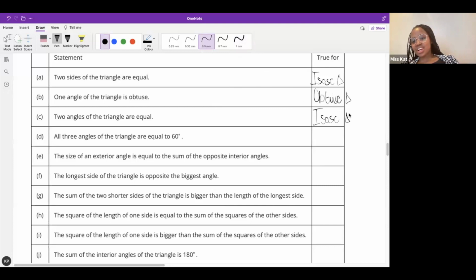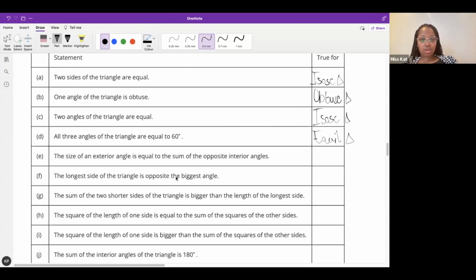Isos triangle. Okay, where are we? Number D says all three angles of the triangle are equal to 60 degrees. Thank you, Mikhail. I keep saying your name wrong. I keep getting confused because I'm thinking of another Mikhail from where I teach, but it's fine. Yes, that is an equilateral triangle. Okay.